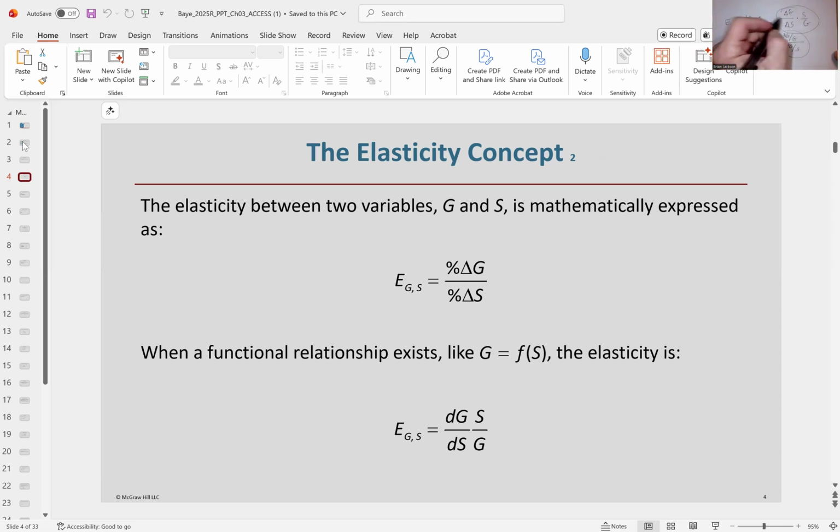A derivative, recall, is the slope of a tangent line to a curve. We looked at that before. Here they're saying that if you look at G as a function of S, we can talk about the slope of a line joining two points on that curve, this secant line, looking at delta G over delta S with this little right triangle.